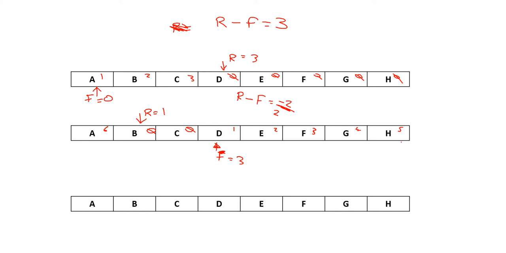Now we've got this circular queue and we're wrapping back around. This formula certainly works if F is less than R. So we could start there. If F is less than R, we can use this formula to work out how many items are in there.